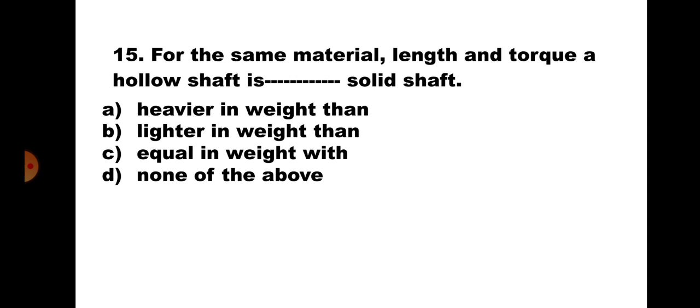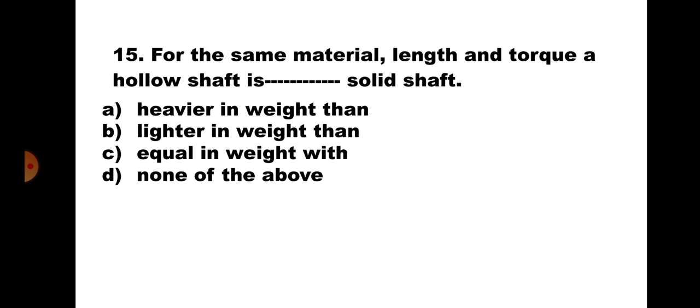Question number 15. For the same material, same length and same torque, a hollow shaft is dash dash dash solid shaft. A. Heavier in weight than, B. Lighter in weight than, C. Equal in weight with, and D. None of the above. Now in this problem, comparison of hollow shaft and solid shaft is made.